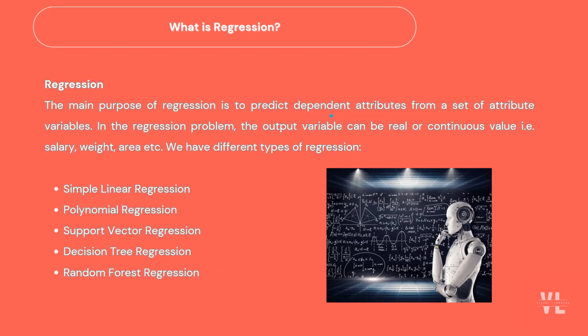The first one is the dependent attribute, and this is a variable that is dependent on other sets of attribute variables. And what makes it a regression is that the output dependent variable will always have to be a real or continuous value.